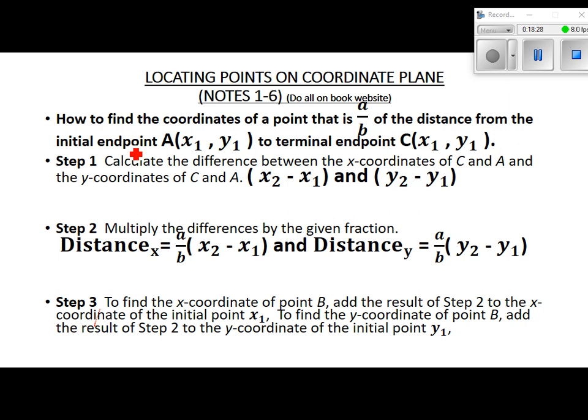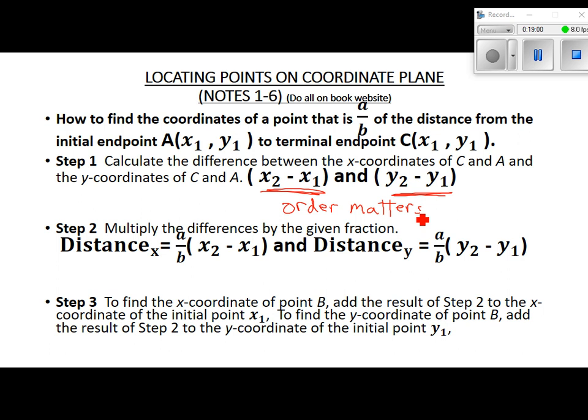Something else I want you to write on here in step 1. When you're doing your X's and your Y's, order matters. Unlike with the distance formula where we could just switch them around, we can't do it here. Your X sub 2 and Y sub 2 have to be your second point, the ending point.